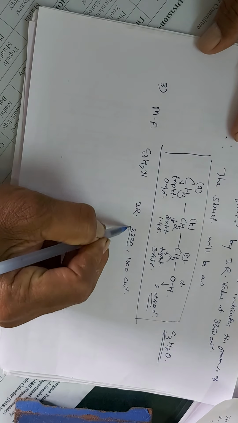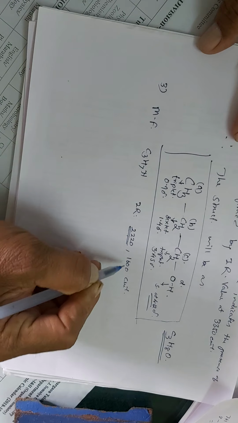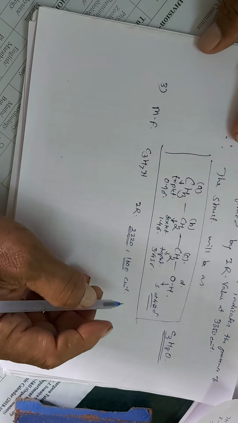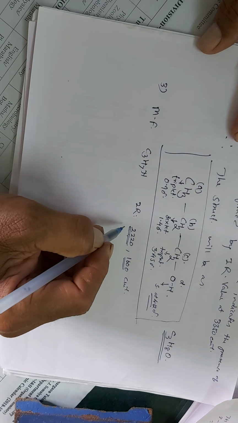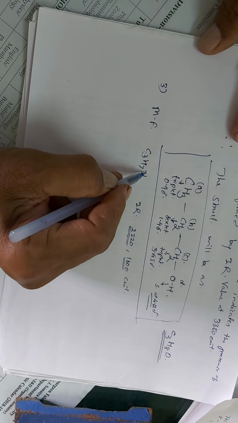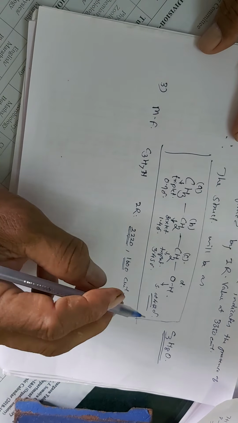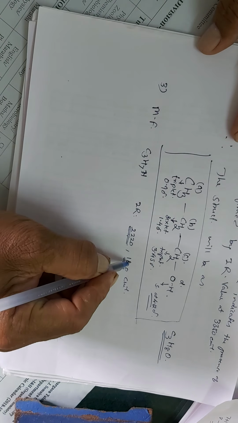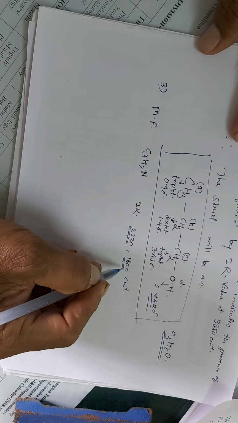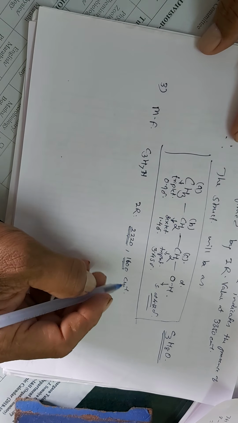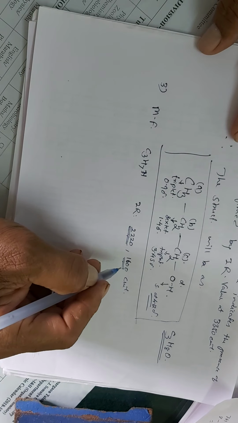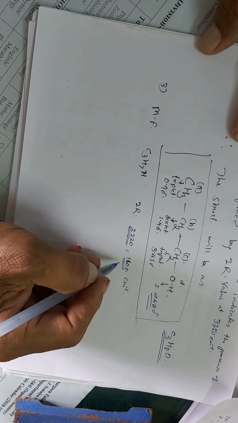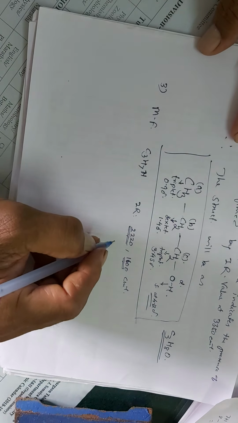So this band comes in the triple bond region, this comes in the double bond region. So this confirms that there is a presence of triple bond. It may be carbon-carbon triple bond or carbon-nitrogen triple bond, but here there is a presence of nitrogen, so it indicates that there may be a presence of carbon-nitrogen triple bond. And this 1600 value indicates the presence of double bond, and this double bond may be aromatic only and not aliphatic. So whether it is confirmed or not, that we will see, how we can confirm.